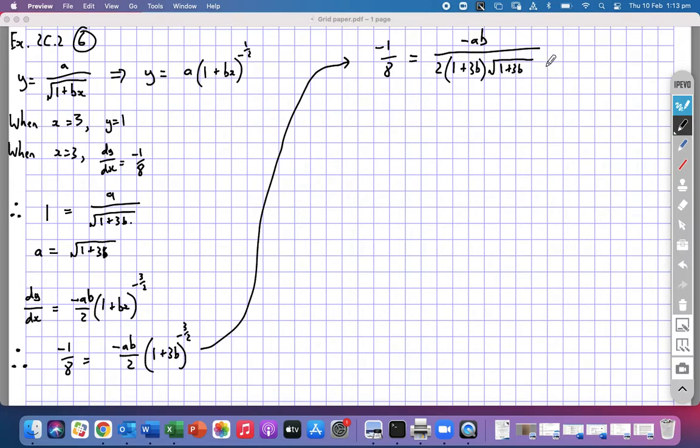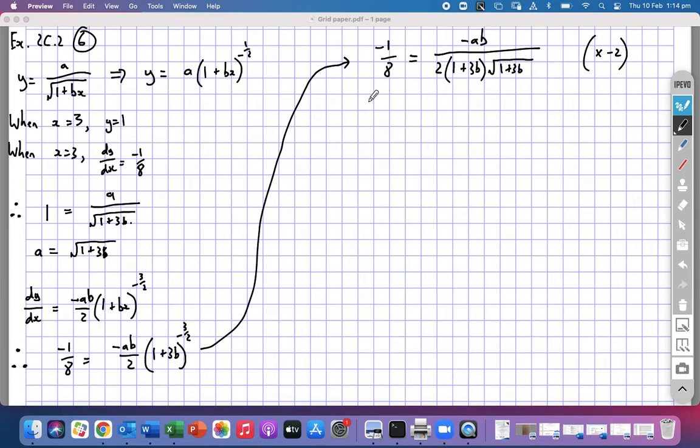So the power here is 1, the power here is a half, 1 plus a half, 3 on 2, so they're the same thing. This can be tidied up as well. If I multiply this whole thing by minus 2, so I can see I've got a negative on both sides, we can get rid of that and make these fractions positive. If I times by 2, this 2 here cancels out. This fraction would then change to a quarter.